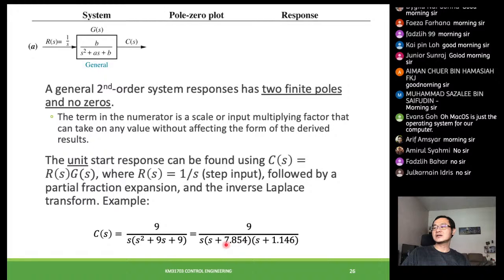So immediately you can see that there are 3 poles, 1 is due to the input and 2 are due to the system, right? And because of that, now we can start to see how it would map, or how it would correspond to the different forms of response.